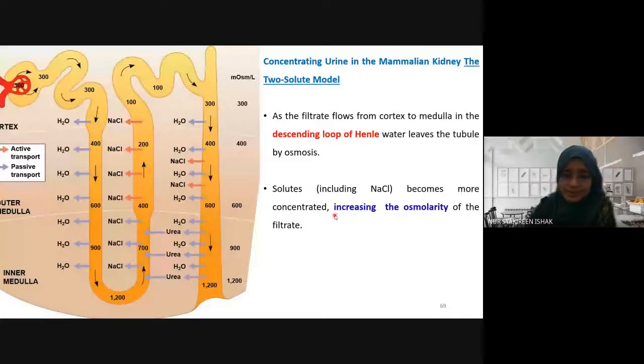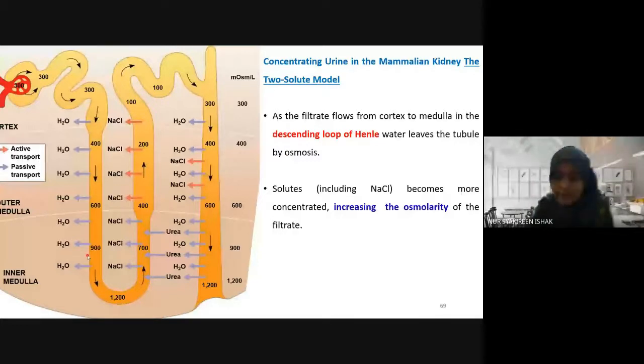So as the filtrate flows down the cortex to the medulla region, in the descending limb of Henle, water leaves the tubule by osmosis. Osmosis mesti melalui aquaporin. Ingat osmosis has to go through aquaporins. Okay, it involves passive transport, which, to be specific, is facilitated diffusion because it is through aquaporins.